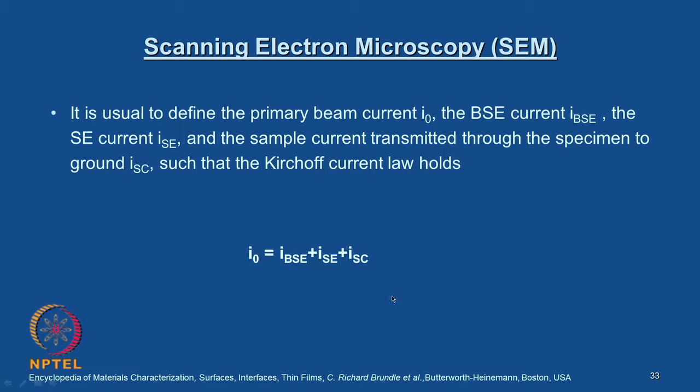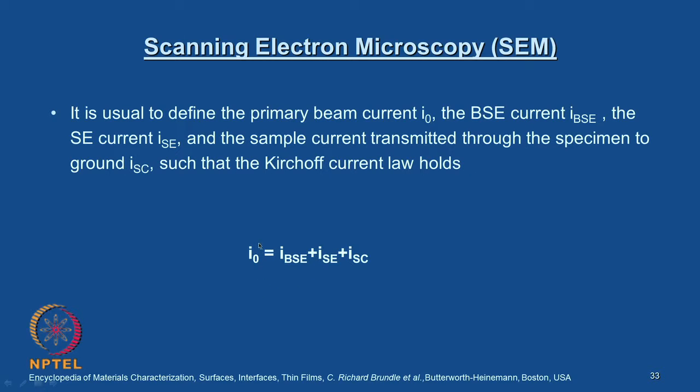So, now we will look in much more detail at the probing current and so on. It is usual to define the primary beam current I naught, the backscattered electron current IBSE, the SE current ISE, and the sample current transmitted through the specimen to the ground ISC, such that the Kirchhoff current law holds.